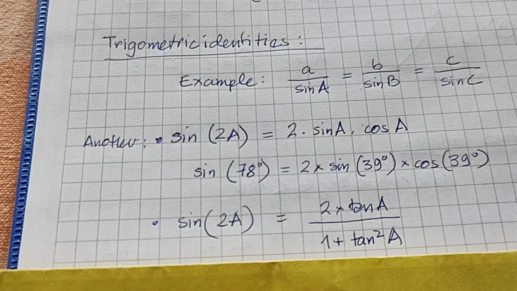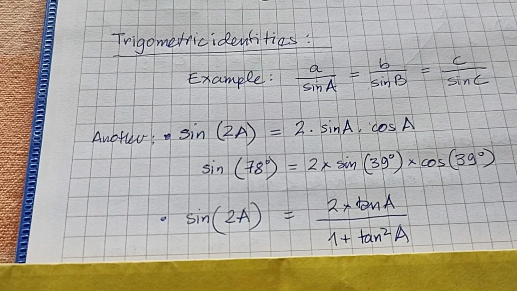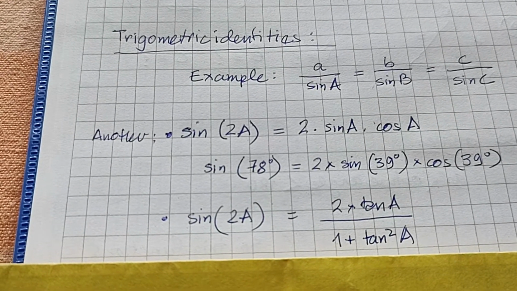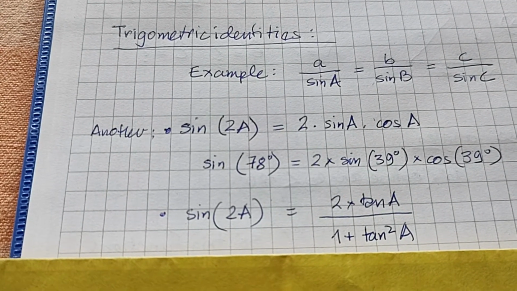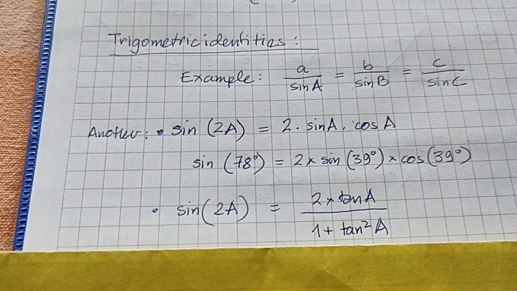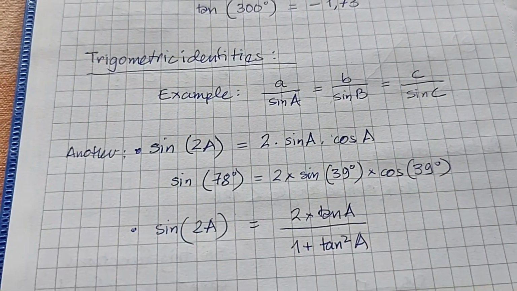You can go to Wikipedia and search list of trigonometric identities, and you'll get a long page where you'll find many trigonometric identities, some of which will be so complicated you won't even understand them, let alone how to prove them.